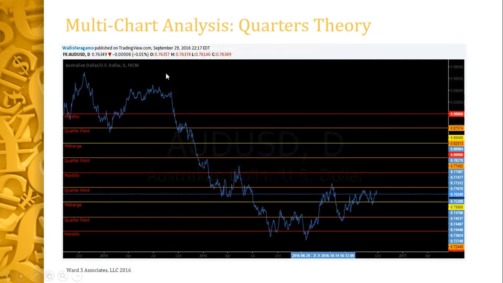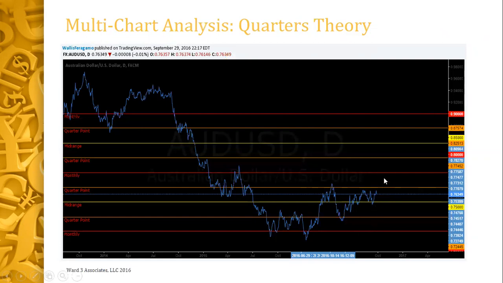So this is from, oh, all right. So where's my mouse at? So these lines are delineating the quarter points and things like that. From this red line to this red line is 1,000 pips. From this red line to this yellow line is 500 pips.